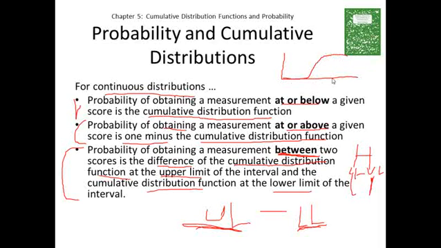Suppose that this is my upper limit and this is my lower limit. Basically, I'm taking all of this area here, and then I'm subtracting off this area here because it's not relevant. And I'm left with the probability of finding a score between these two measurements.